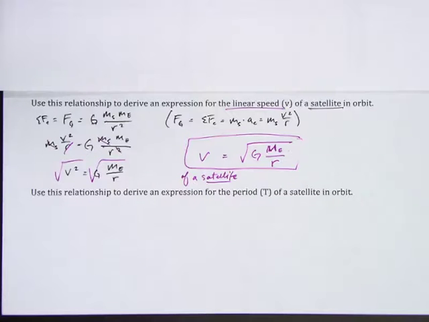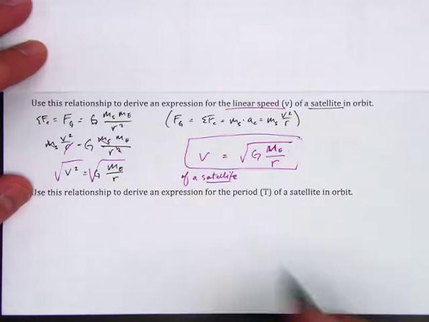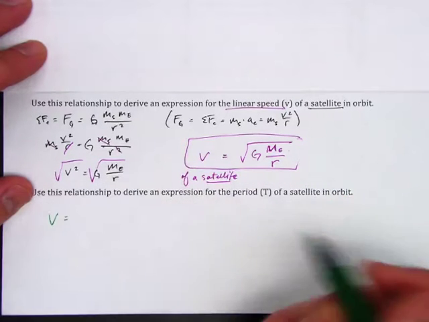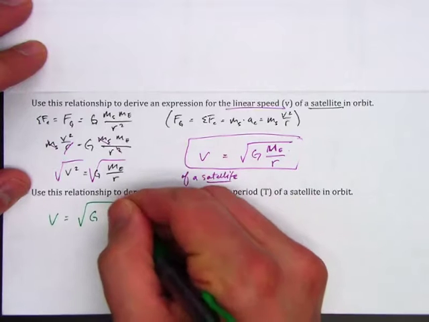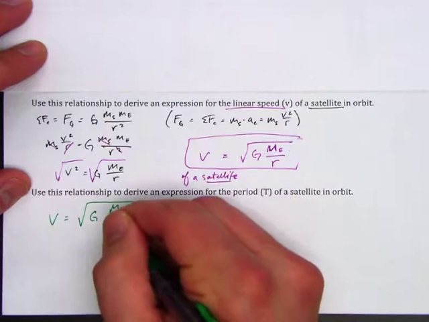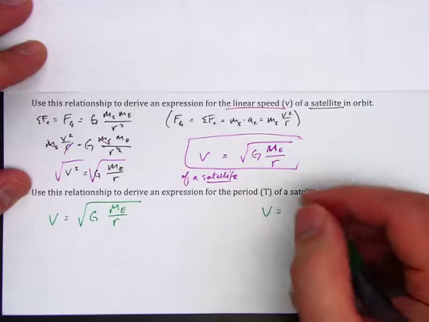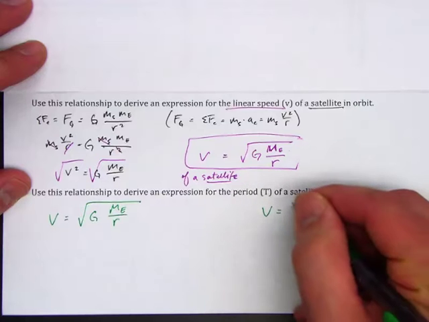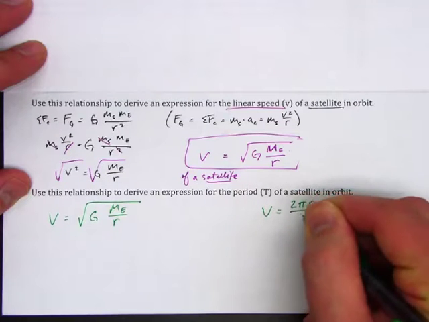Now, what if we wanted to solve for the period of a satellite in orbit? Well, here we have to see what v can be re-expressed as. Because we know that from circular motion, the linear speed of an object in circular motion is equal to 2 pi times the radius over the period.